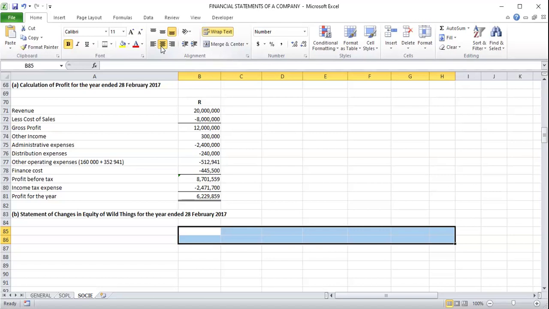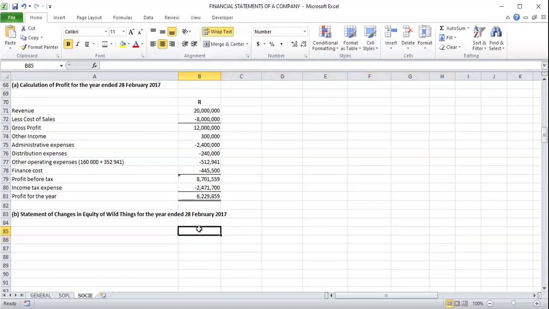Now we'll have our ordinary share capital. Cumulative preference shares.